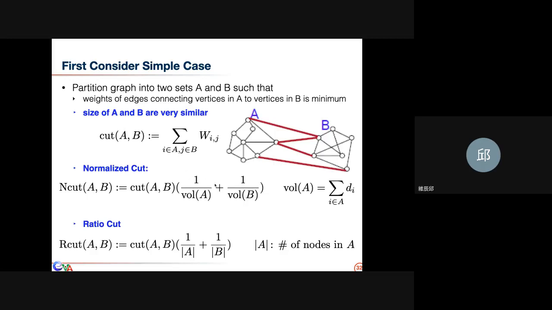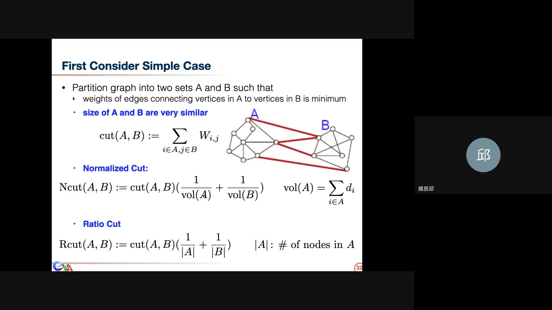In the normalized cut, this additional constraint tries to minimize the summation of 1 over the volume of the set A plus 1 over the volume of the set B. And what is the volume here?